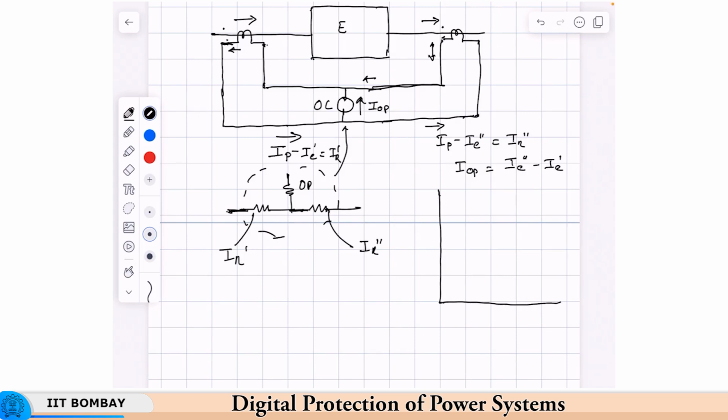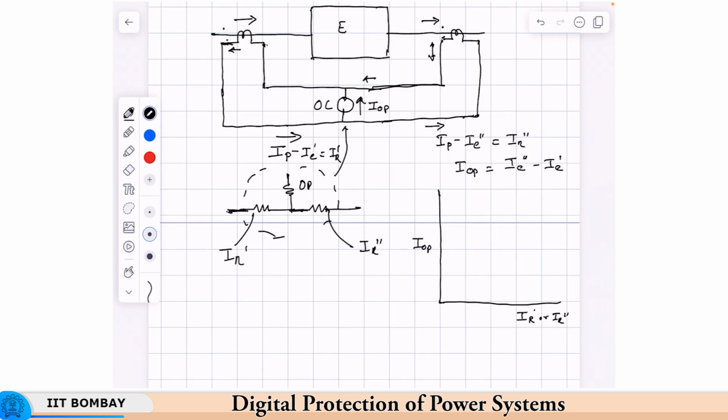the restraint current is plotted on this axis. Depending on the design of the relay, it is either IR dash, or the smaller of the two, or IR double dash, or even an average of the two. Okay, it could be IR equals IR dash plus IR double dash upon 2, and this is I operating.